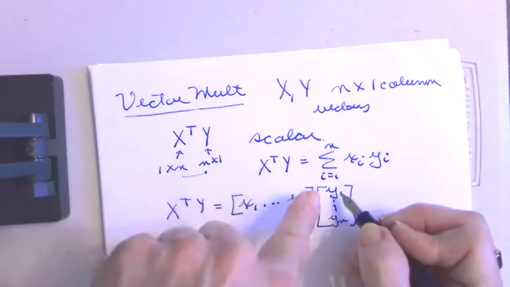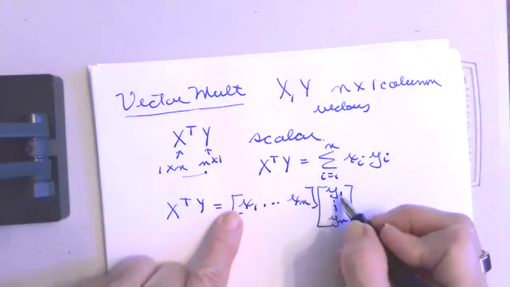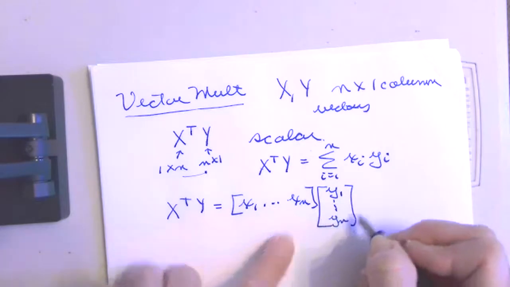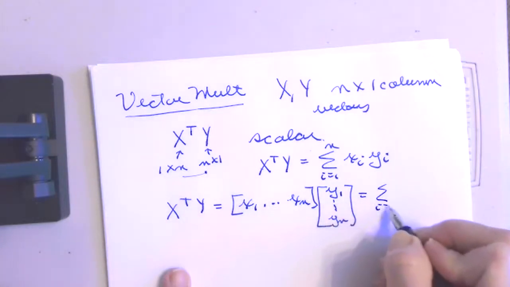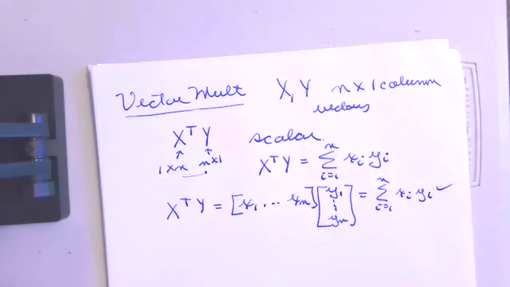That's the way I do it in my mind. Cross multiply and add it up. So that'll be x1 y1, x2 y2, all the way up to xn yn. That's the formula. So that's one way to do a vector multiplication when you have two n by 1 matrices.